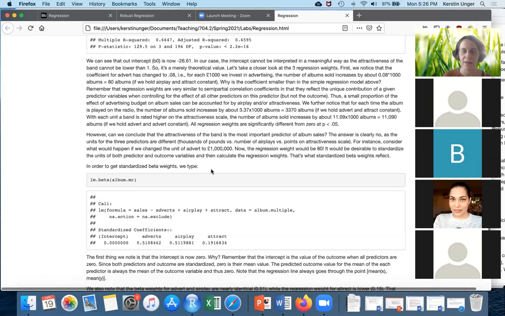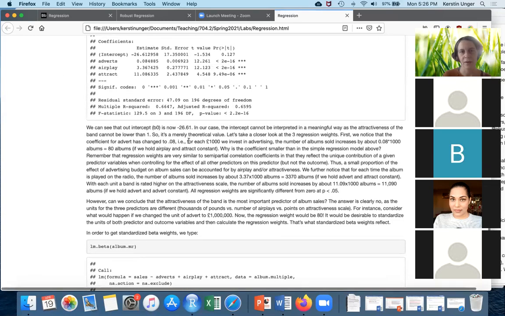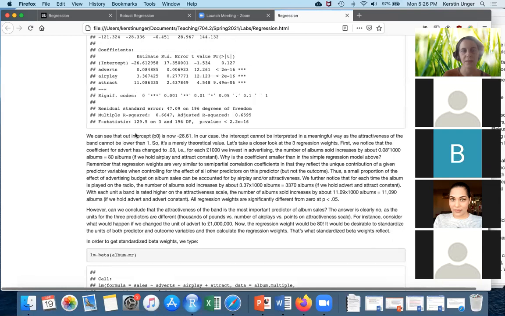All right. What is important to keep in mind, as we were talking about last week, is that how large the coefficients are themselves doesn't tell us anything about how important they are, basically how much variance they're explaining in our outcome variable. So in order to get a better idea, what people occasionally do is standardize those regression coefficients.